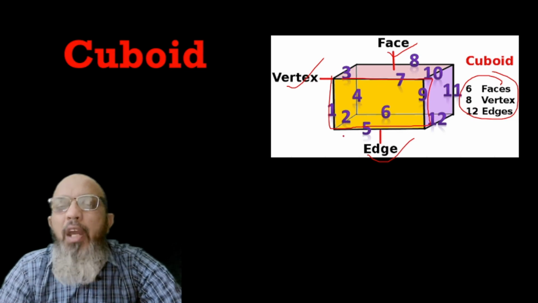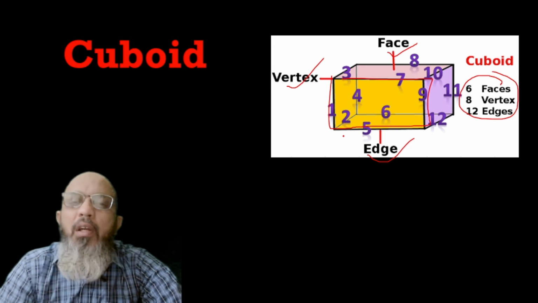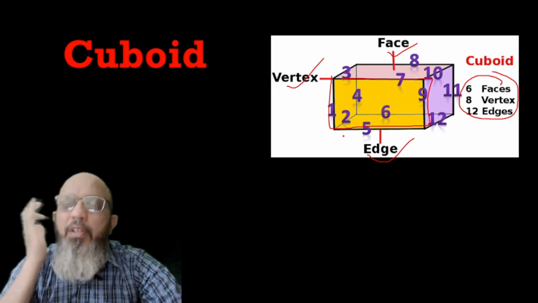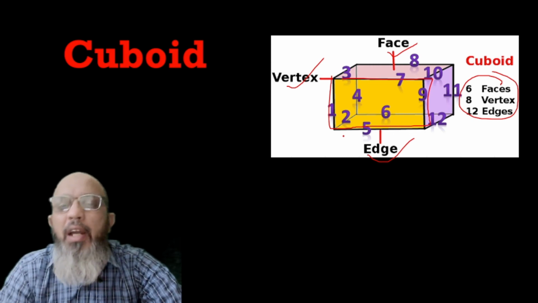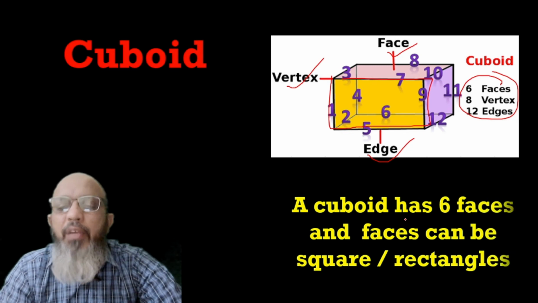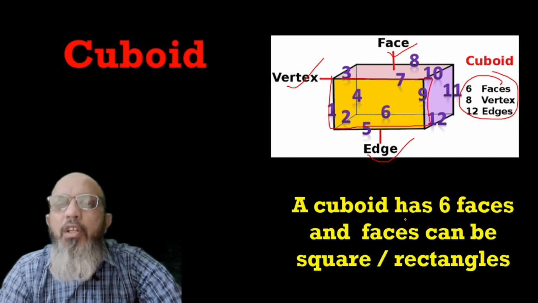In a cube we have a square base; in a cuboid we may have a square or a rectangular base, which means there is a difference between length, width and height. A cuboid has 6 faces and a face can be a square or a rectangle. In the cube, the face is only a square.